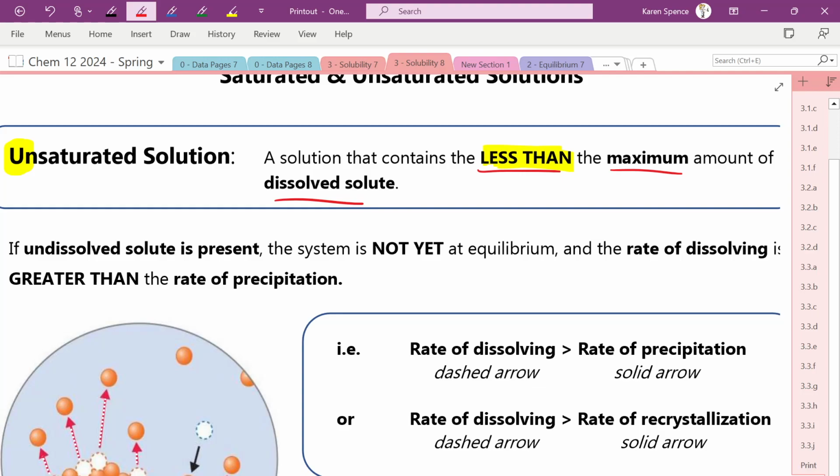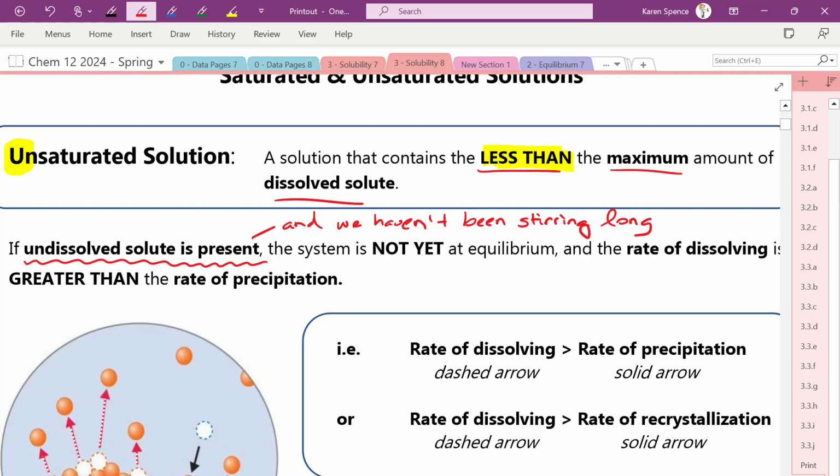So, if there is undissolved solute present, and it hasn't been a long time, we haven't been stirring it for a long time, it's really hard to phrase this because what I'm trying to say is we are in the process of dissolving, yes?